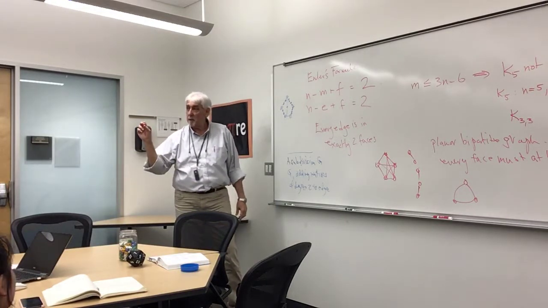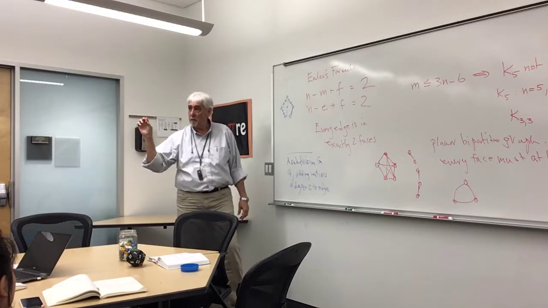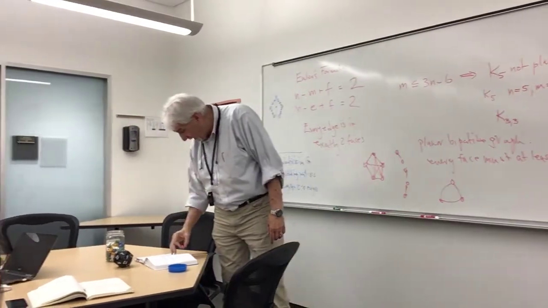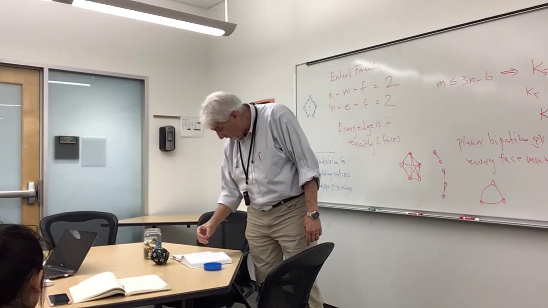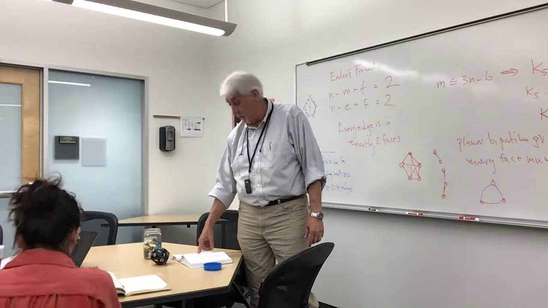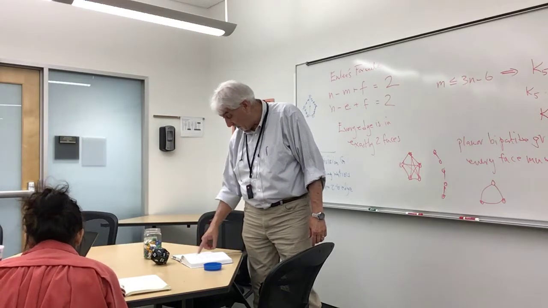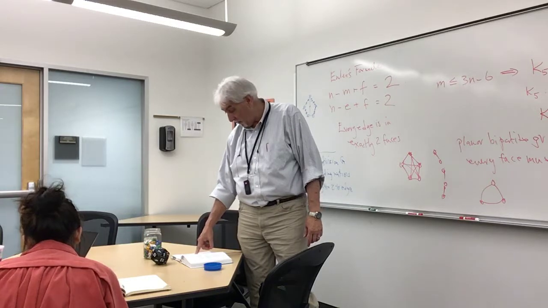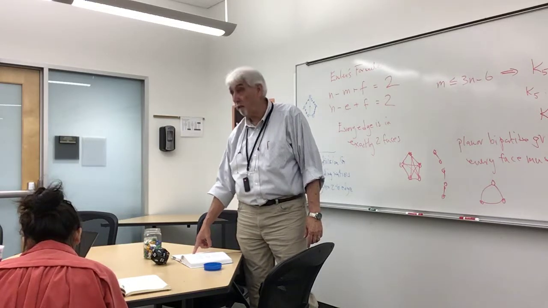Okay. So I just want to close with, let's see, look at page 347. Construct a 5 regular planar graph of order 12.